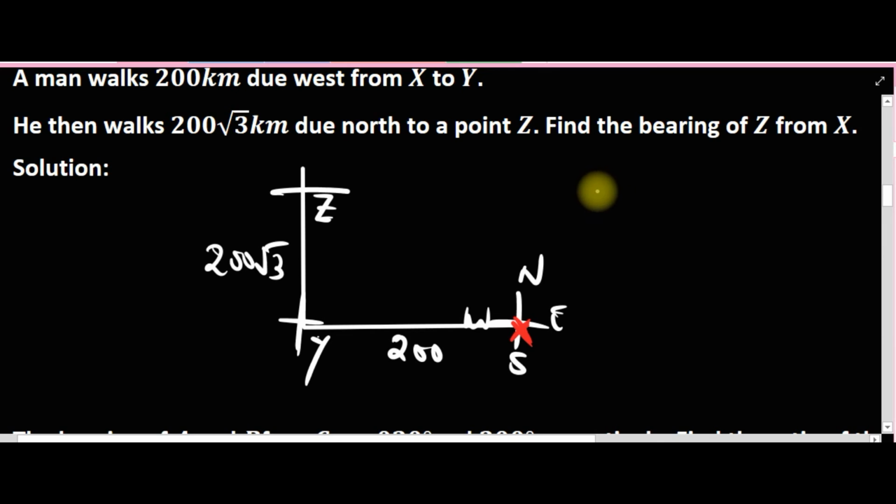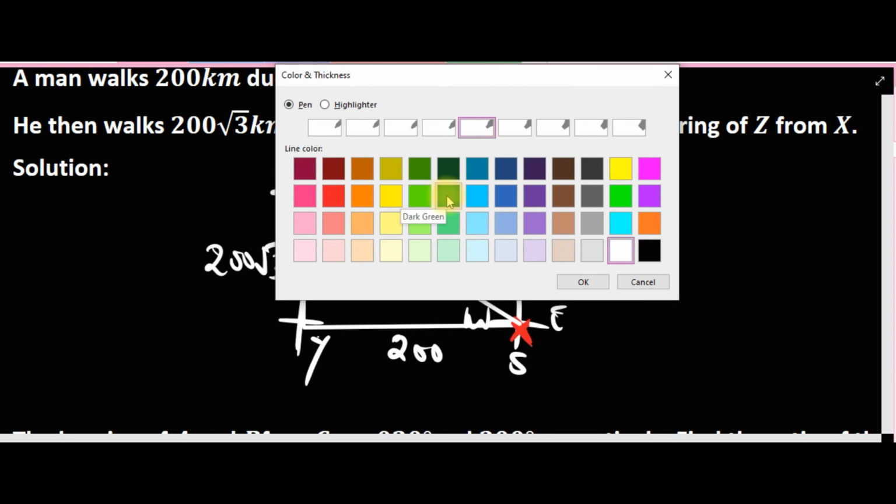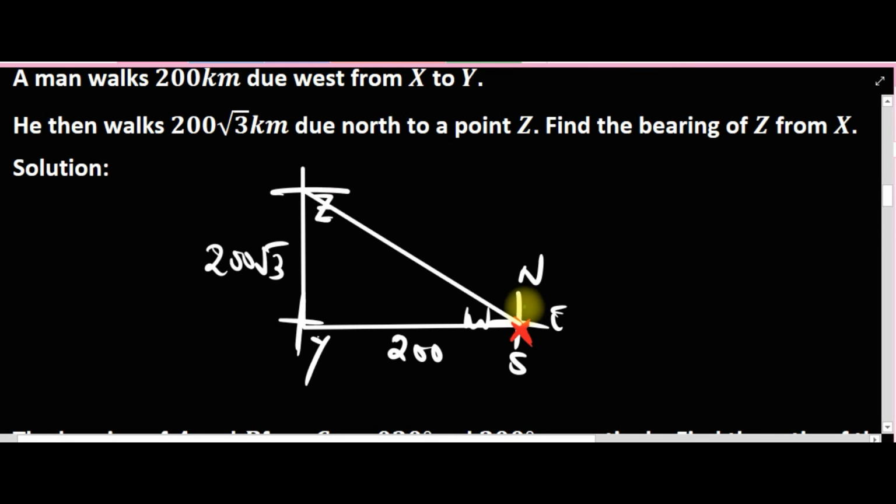We're asked to find the bearing of Z from X, so let's join X and Z first. We are looking from here to here, the bearing.